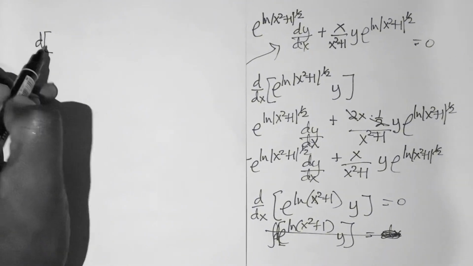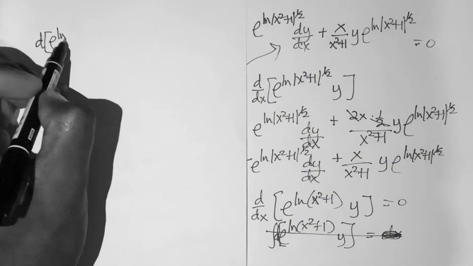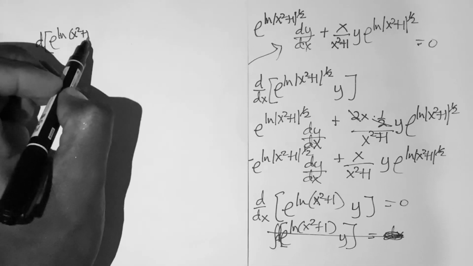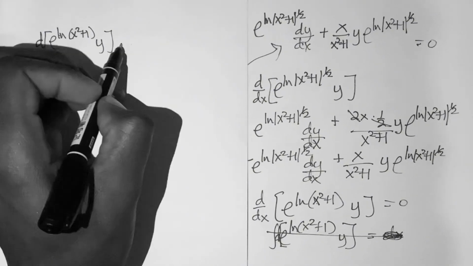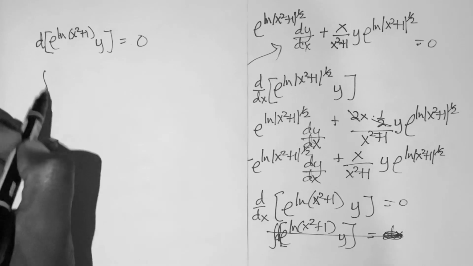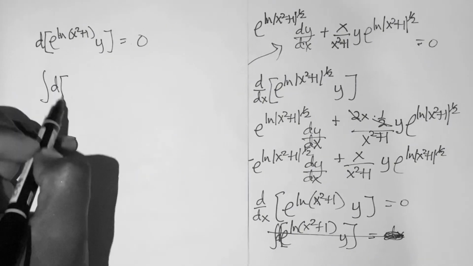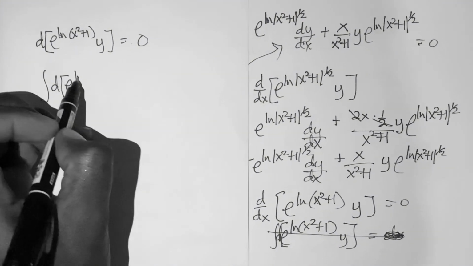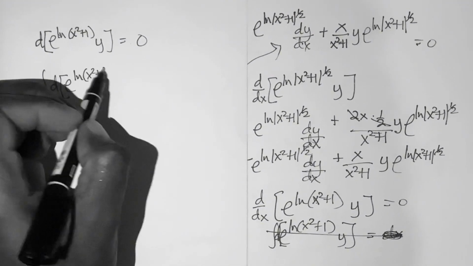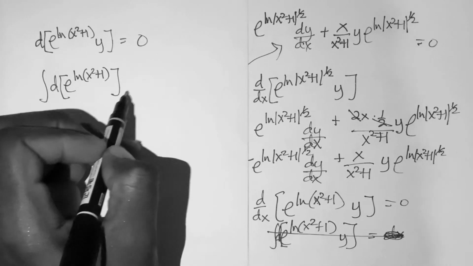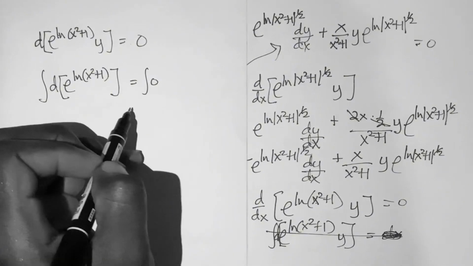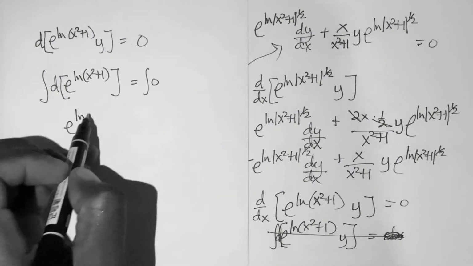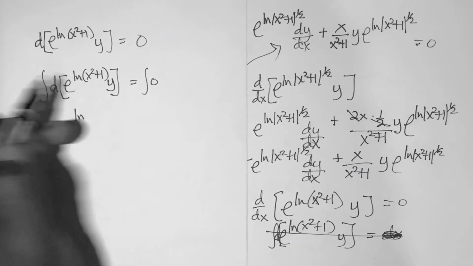So if we continue from here, we see that d of exponent the natural log of x squared plus 1 y is equal to 0. So if we integrate both sides, we are integrating the derivative of exponent natural log of x squared plus 1, and that is equal to the integral of 0. Sorry, there is a y here.